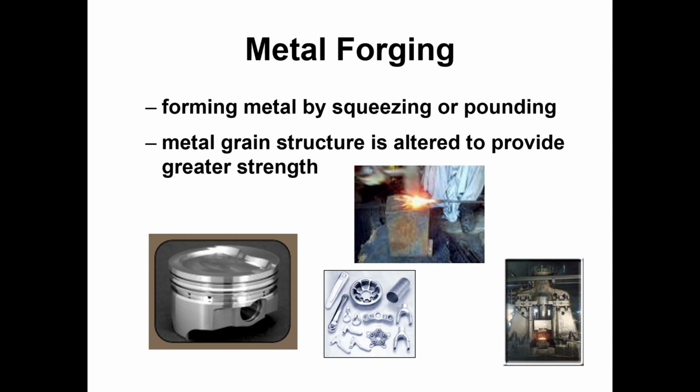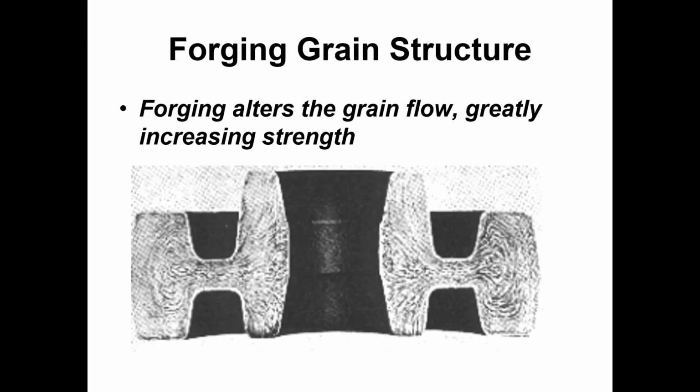You can forge tools, wrenches. So when you forge it, you squeeze the grains. There's a grain flow in metals, and you can squeeze those grains into a pattern that can increase the strength, because the stresses in this part will sort of flow along the grain structure there.